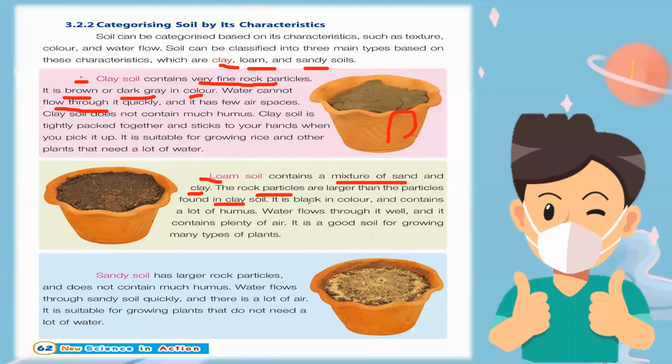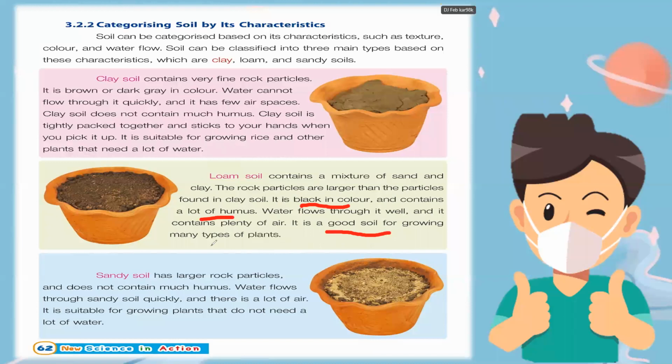It is black in color and contains a lot of humus. Water flows through it well, and it contains plenty of air.